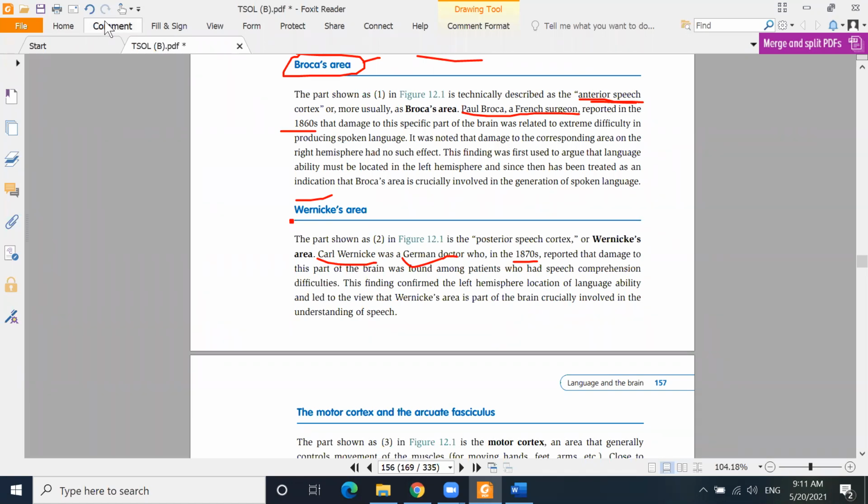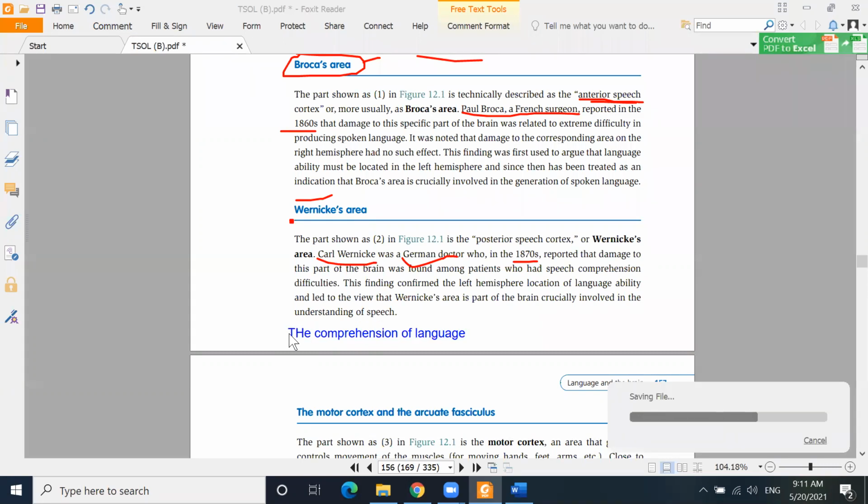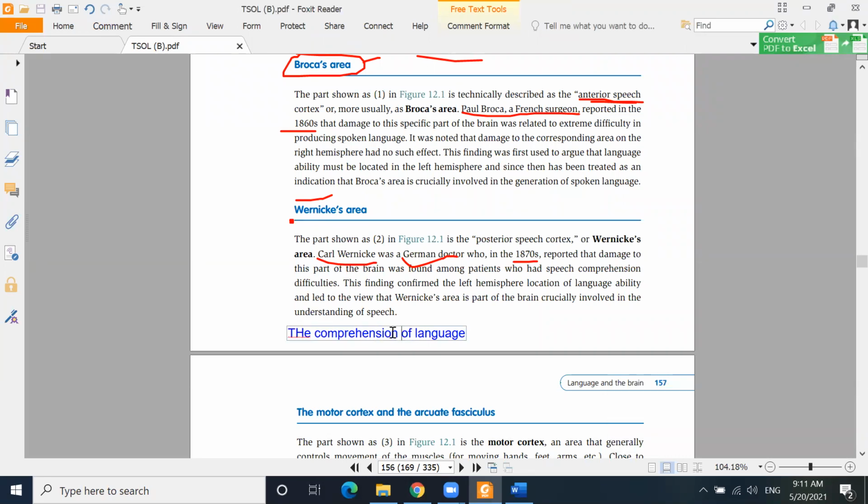So the patient had got a certain speech disability regarding the comprehension of language, or you may say perception of language, right?